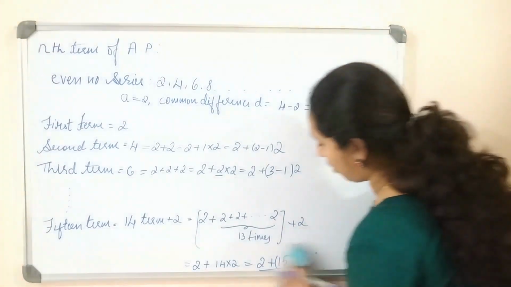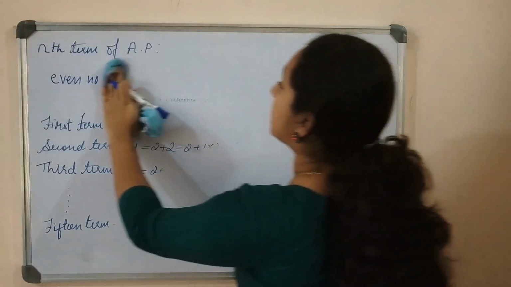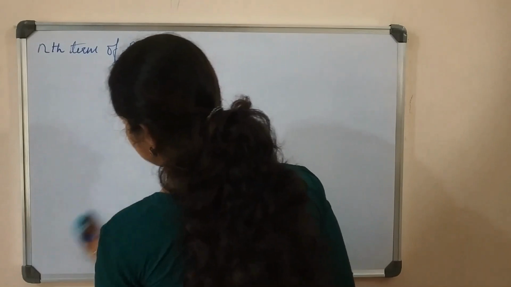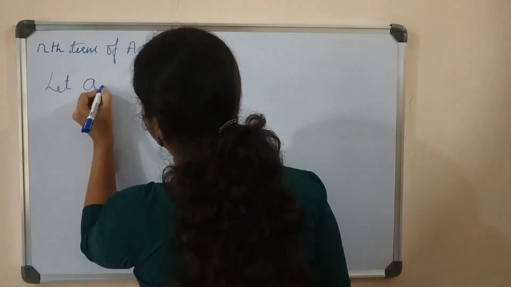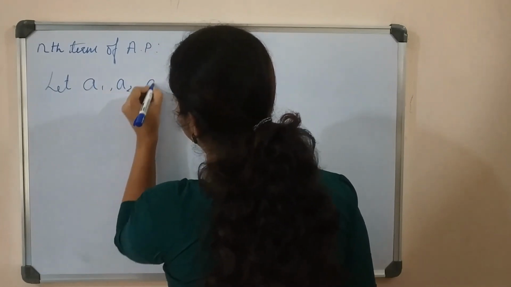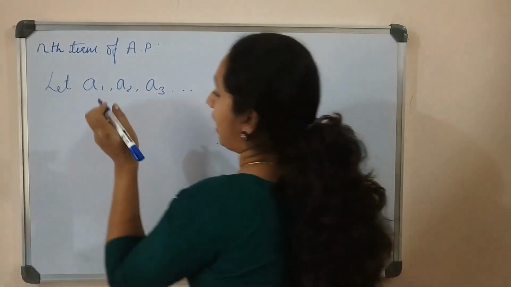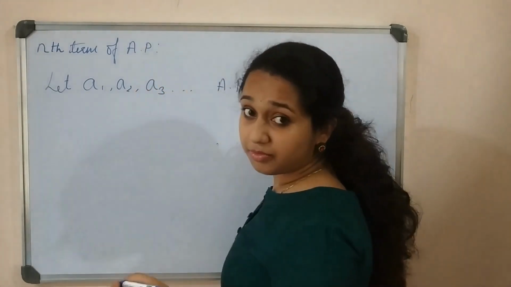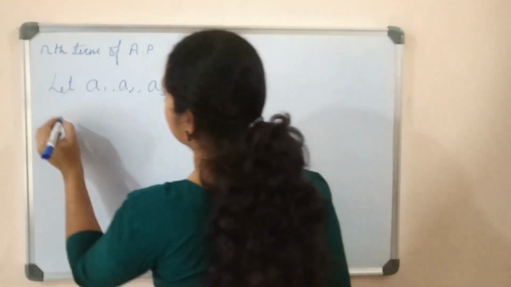So for that, what I have to do is consider the arithmetic progression series. So let's consider, let A1, A2, A3 be an arithmetic progression, and we know the general form of the arithmetic progression. In the last lecture we studied how to get the general form of the arithmetic progression.